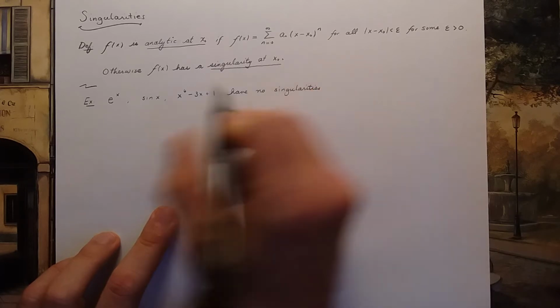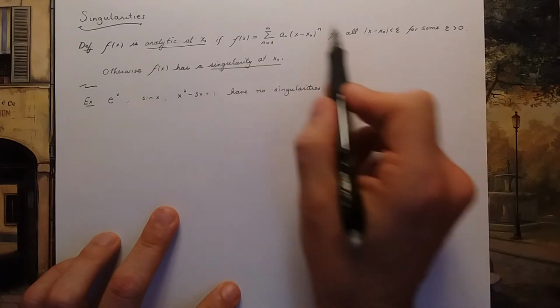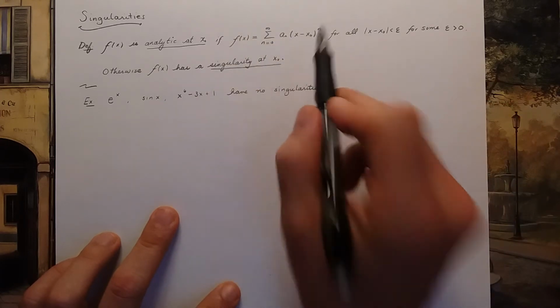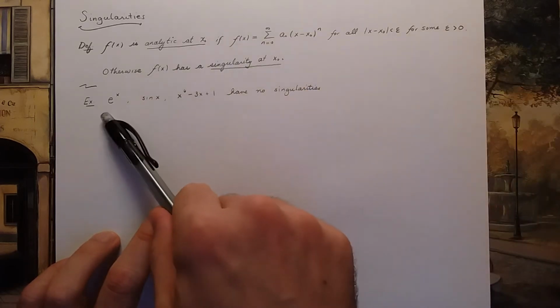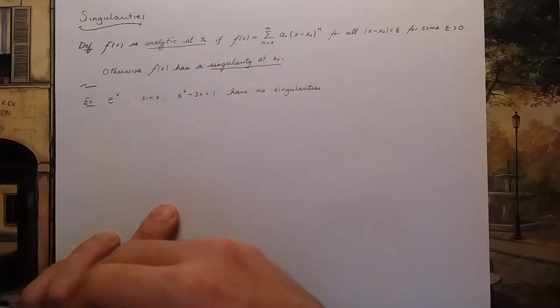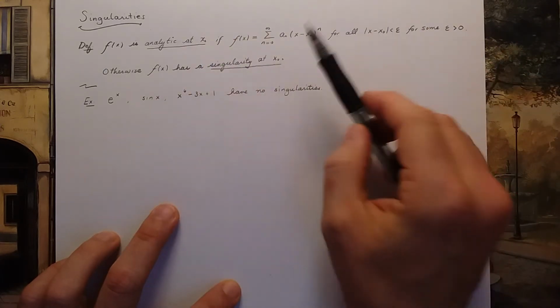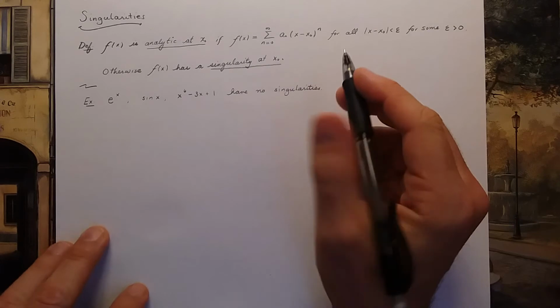There is no problem expressing any of these functions as a convergent infinite series centered at any value I'd like. The reason is none of these functions have any issues when I take derivatives, and if I can take derivatives of these functions anywhere, I can expand them as a series.